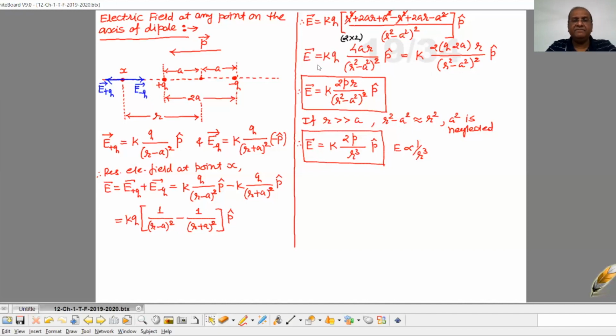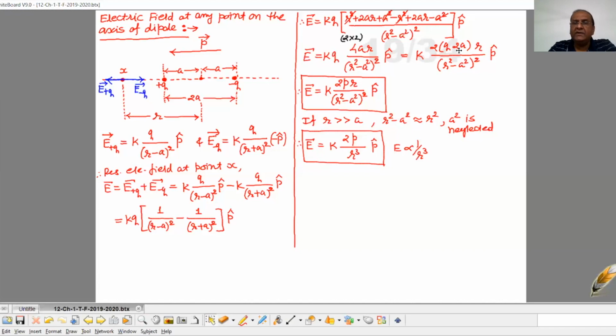Resultantly, we will get E equal to kq into 4ar upon (r square minus a square) whole square into p caret. But now this 4 is divided in two parts, 2 into 2. So we can write k into 2, then q into 2a, into r p caret as it is, and this (r square minus a square) whole square as it is.